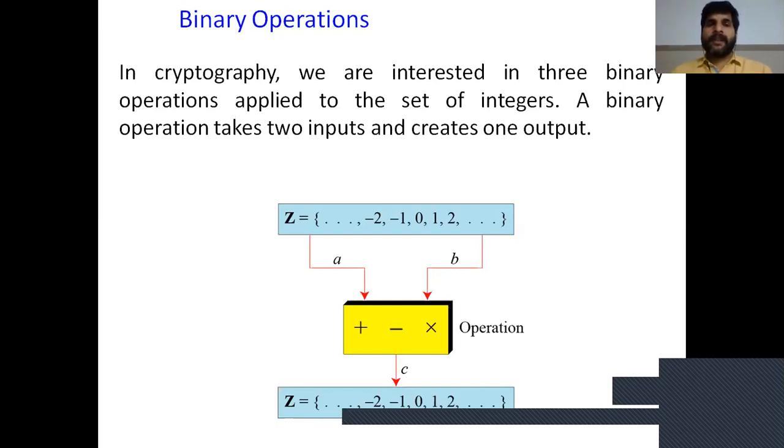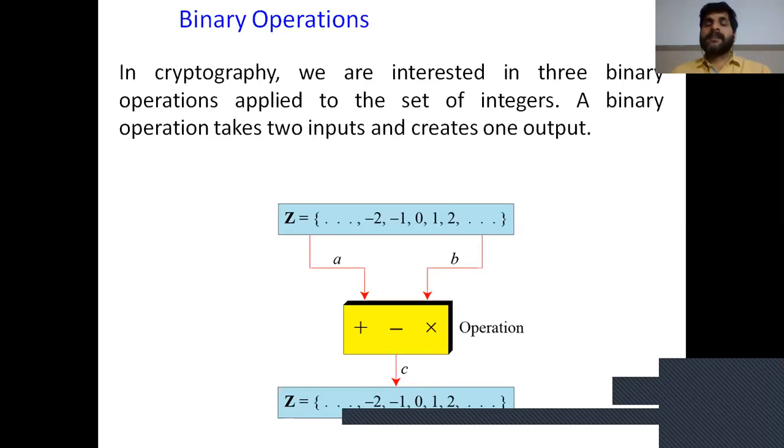Suppose Z is the set of integers from negative to positive, given two input numbers A, B, and three types of binary operation are performed: addition, subtraction and multiplication.